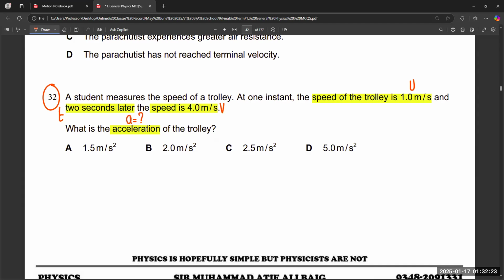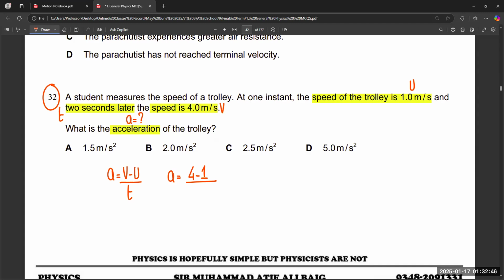Sir, it's A. Option A, okay. Sir, I think it is B. B, okay. So from the formula, final speed is 4, initial is 1, and time is 2 seconds.